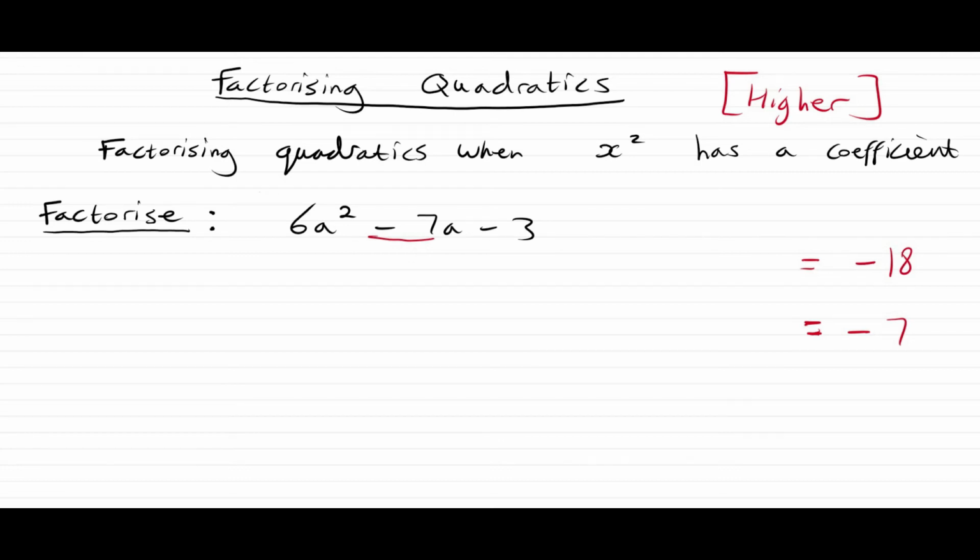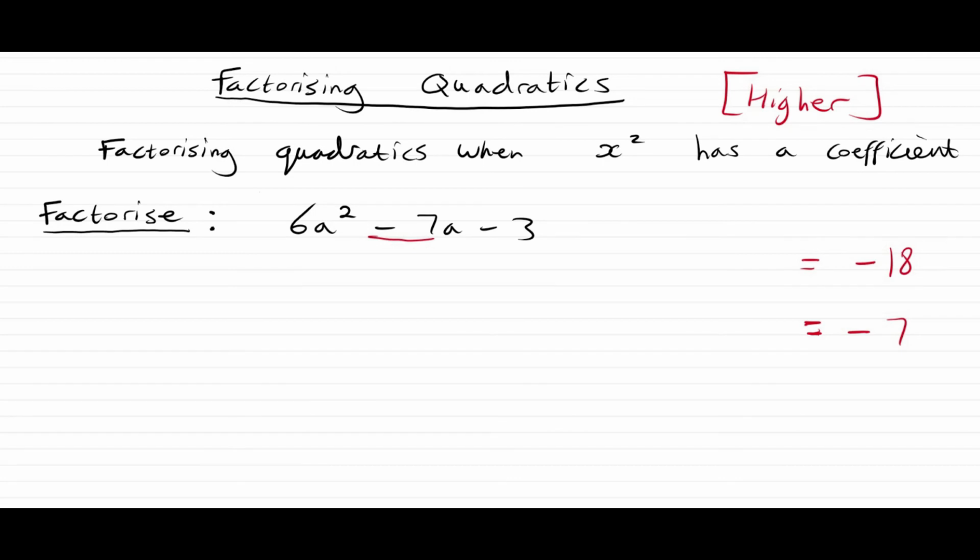I'm quite familiar with these types of questions, so I can just tell by looking. But if not, I would suggest looking at all the factors of 18 and figuring out how you would add them together and manipulate them to give you minus 7.